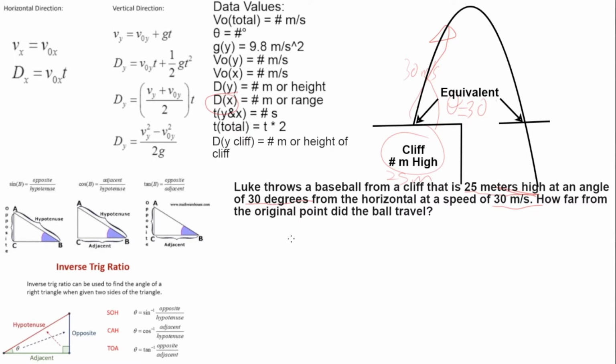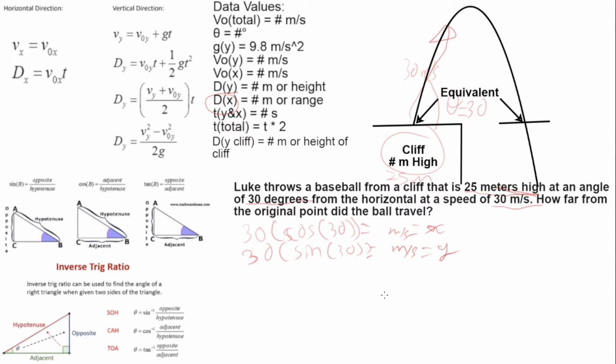So with 30 meters per second and 30 degrees, we do 30 times the cosine of 30, and that equals the x velocity in meters per second. We do the same thing with sine: 30 times the sine of 30 equals the y velocity in meters per second.